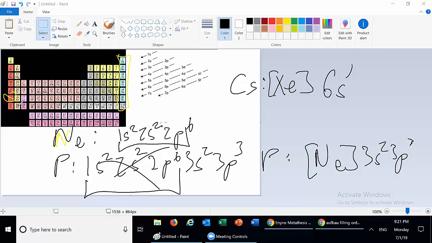Then here we fill the 2p, 3p, 4p, 5p, 6p, and 7p. Here we fill the 3d, 4d, 5d, and 6d. And then the 4f and the 5f. Just to point that out, that might help with the heavier elements. Okay, clear everything.